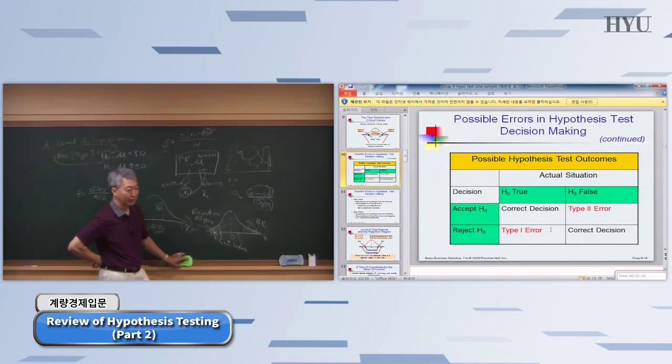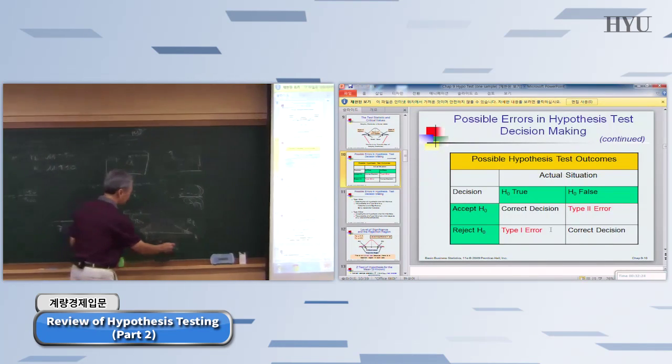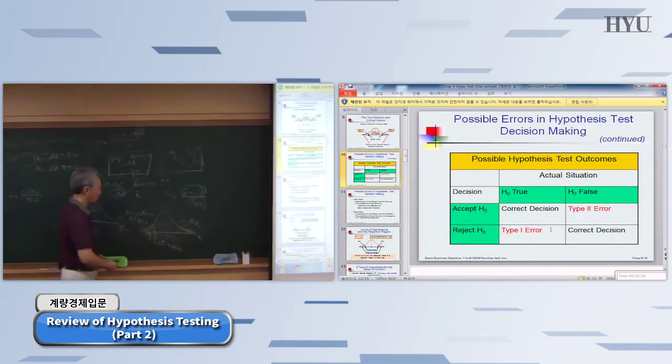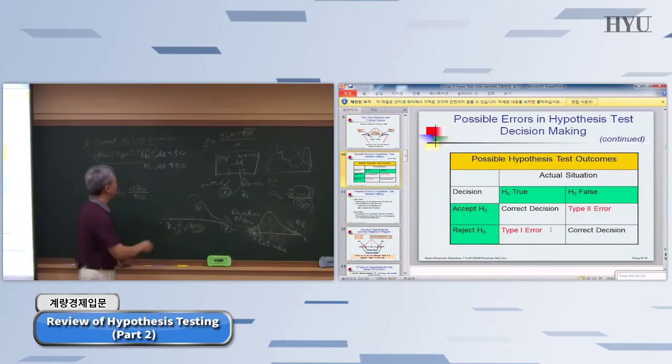Right, very good. So yes, if the test statistic comes in here, then it's pretty close to the hypothesized value, so you do not have sufficient evidence to reject this null hypothesis. In other words, you can say your evidence supports the null hypothesis.